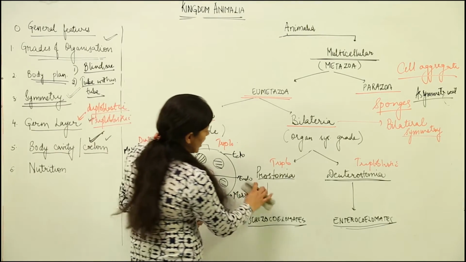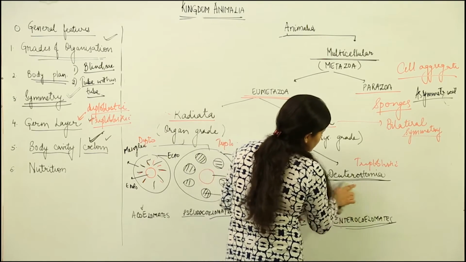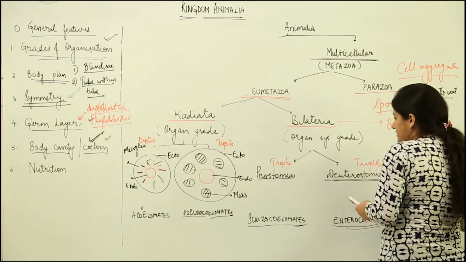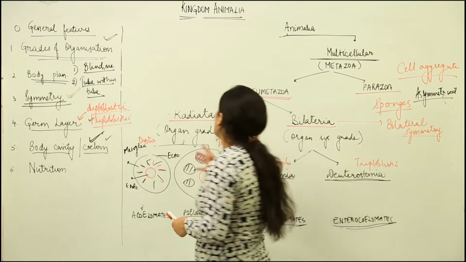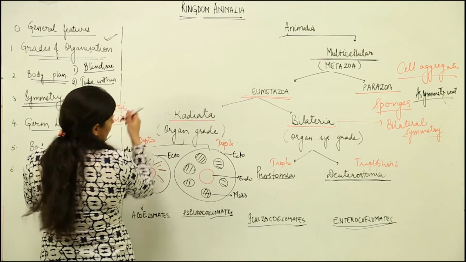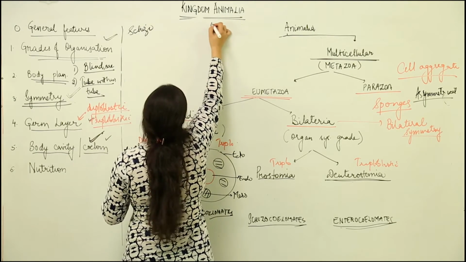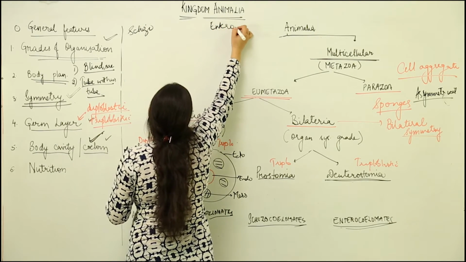Talking about schizocoelom and enterocoelom. Now I need to tell you that entero means anything related to gut. I am going to represent it over here. When we talk about schizocoelom, over here we will discuss schizo, and over here it would be entero.